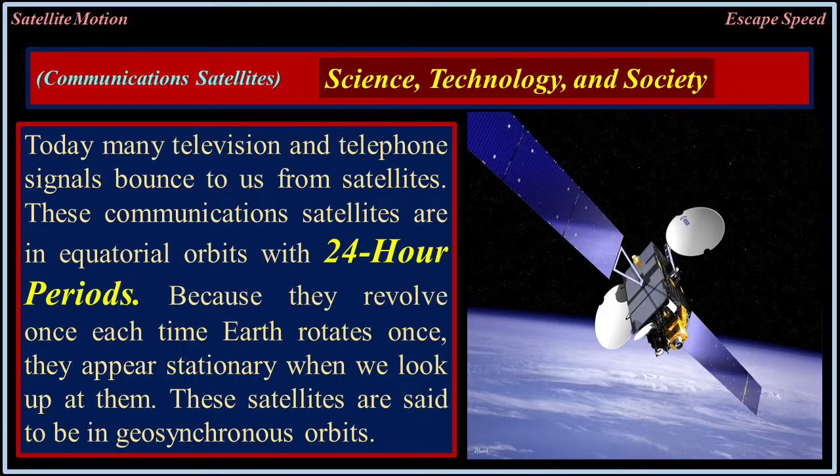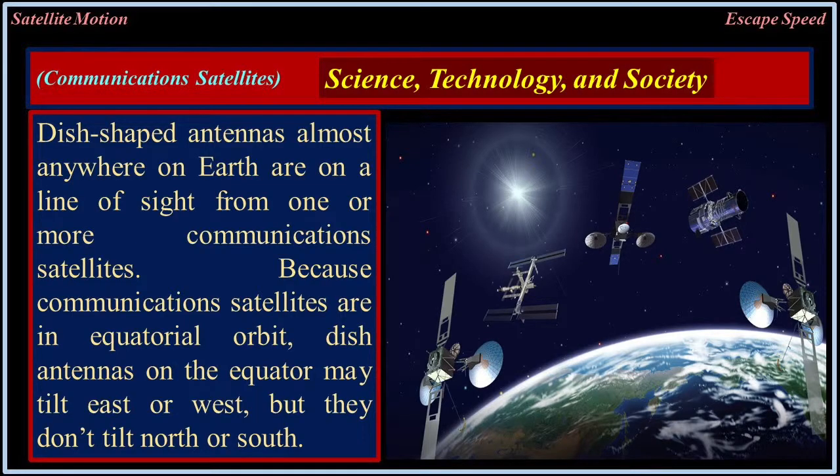These communication satellites are in equatorial orbits with 24-hour periods. Because they revolve once each time Earth rotates once, they appear stationary when we look up at them. These satellites are said to be in geosynchronous orbits.